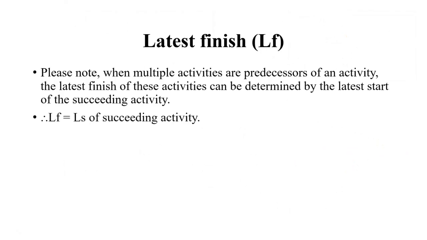Now please note, when you have multiple activities being predecessors of an activity, the latest finish of these activities can be determined by the latest start of the succeeding activity. So therefore, late finish is equal to latest start of succeeding activity. Sounds like a lot, so let me show you what I'm talking about.